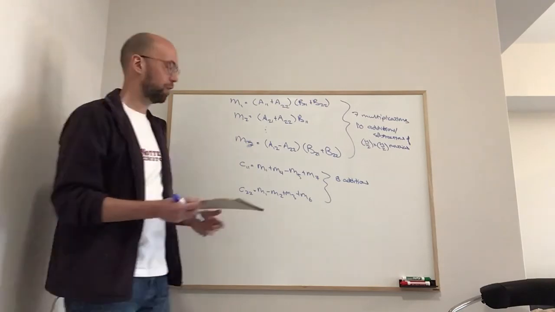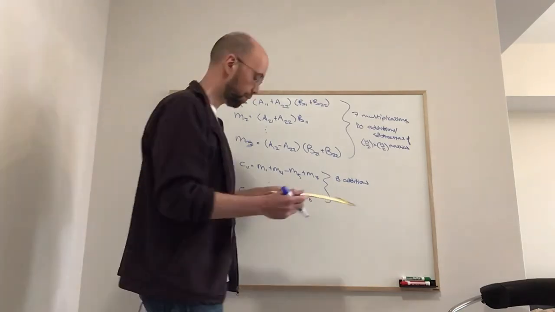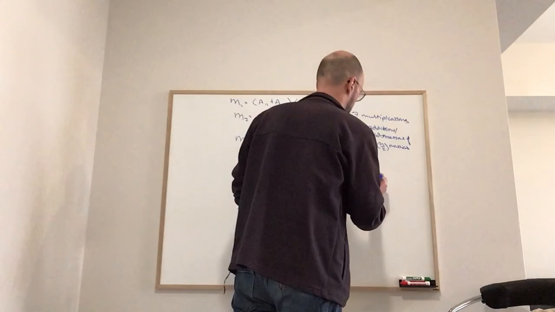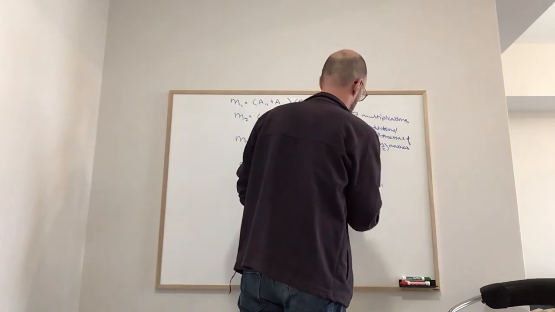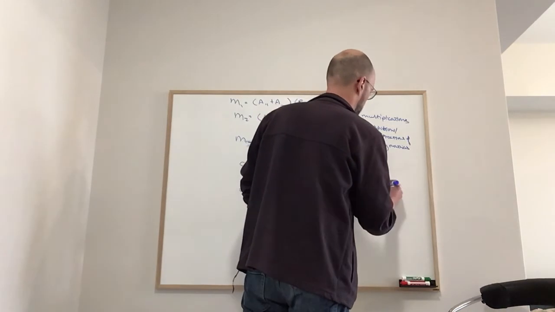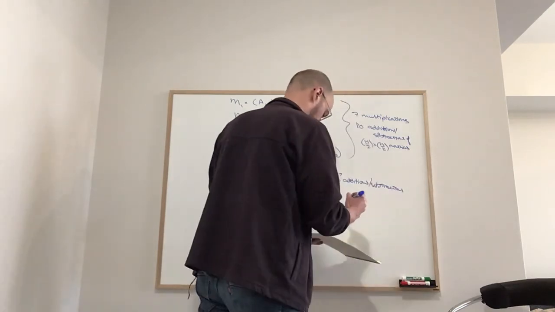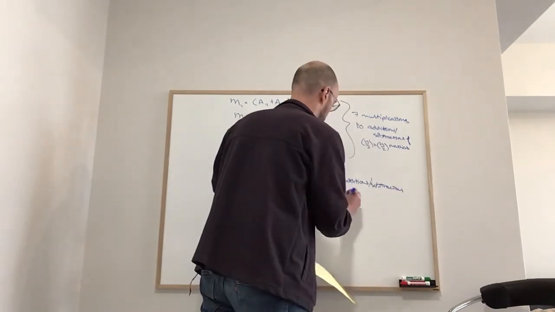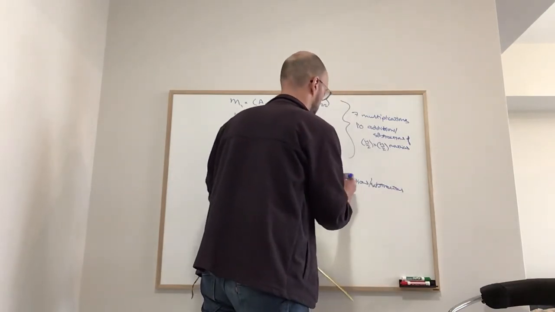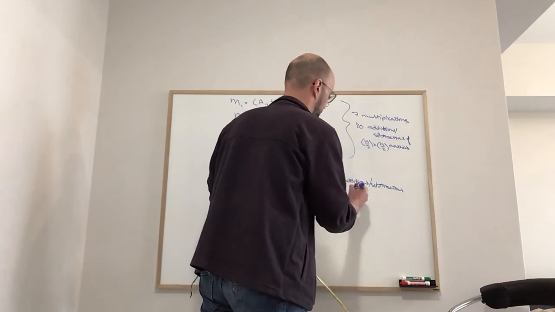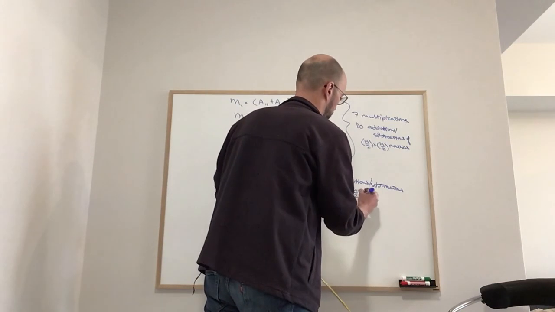I should check this. It will be correct in the scribe notes. Additions, subtractions, these are also n over 2 by n over 2 matrices.